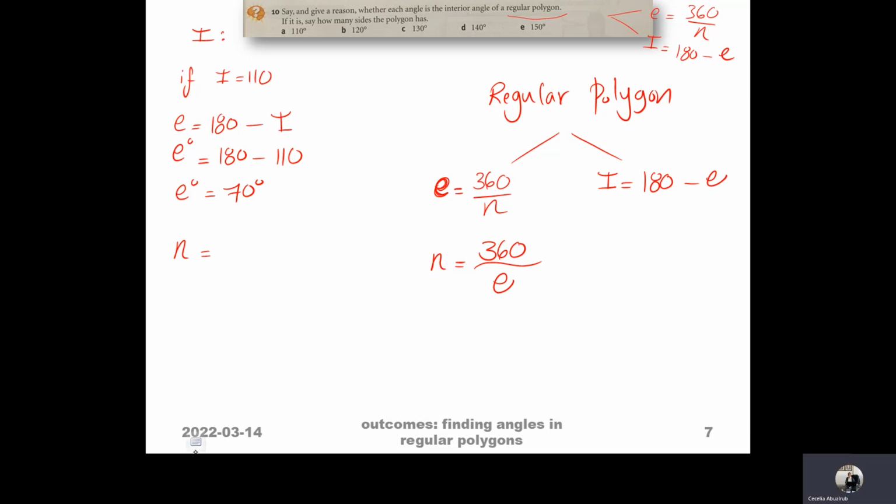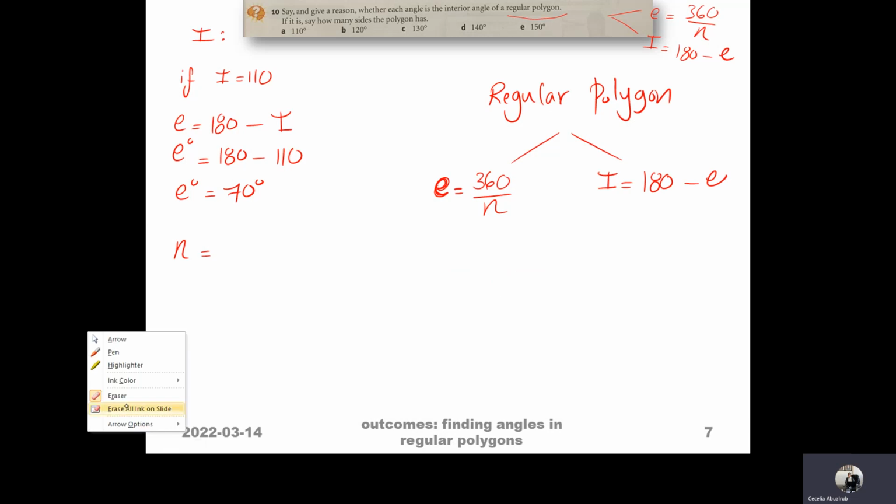How is that? I can explain further, to be honest. So we're going to say that this one is over 1. If we cross multiply, E times N is equal to 360 times 1, it's 360.